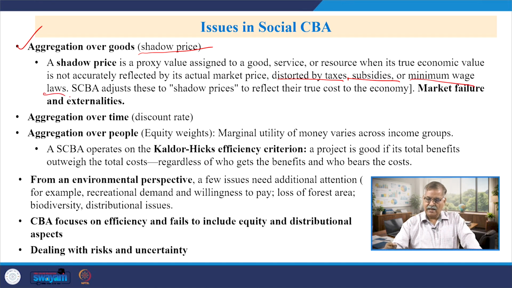So, they actually distort the market price. There may be market failures because the price mechanism may not freely work due to government interventions in terms of taxes, subsidies, or raising the agriculture wage rate or industrial wage rate above the market wage rate, so they will distort the market.